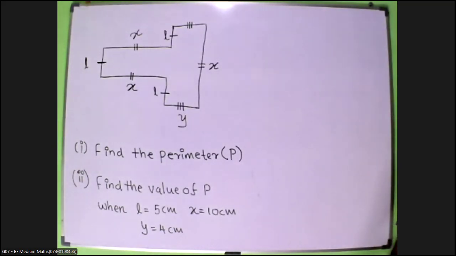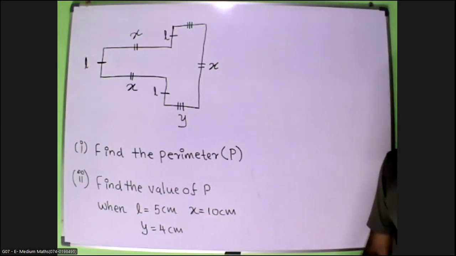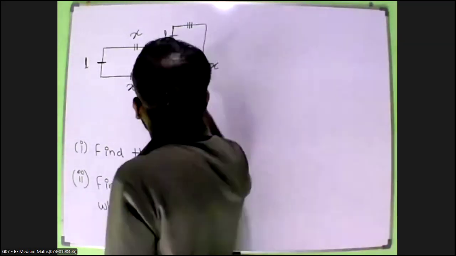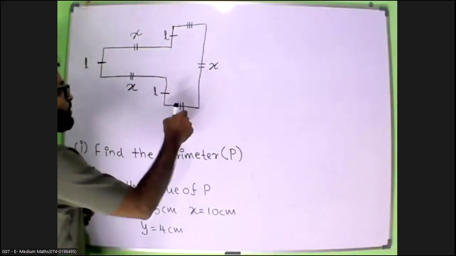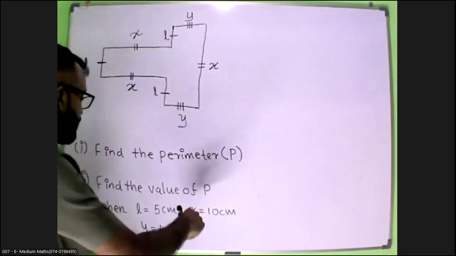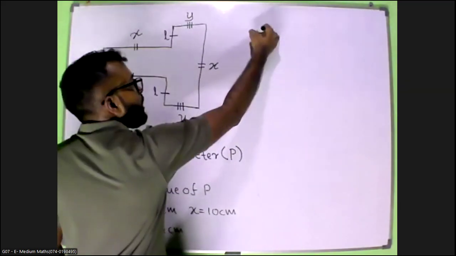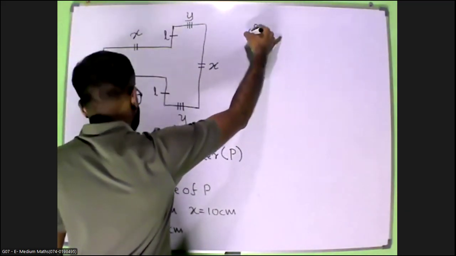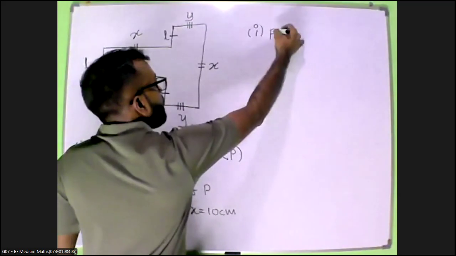Right? So you guys have sent me the answer, right? Okay. So this one is Y, then this one is also Y. So now I can write down the answer for the first one. P equals.